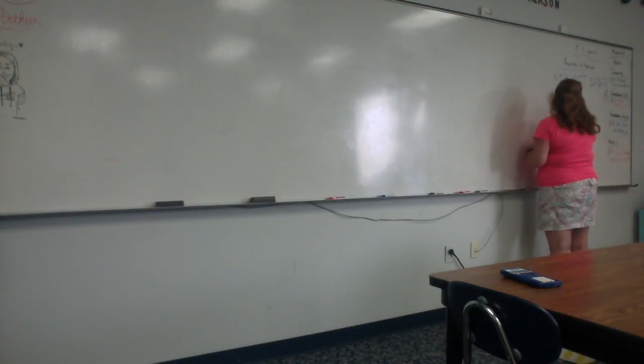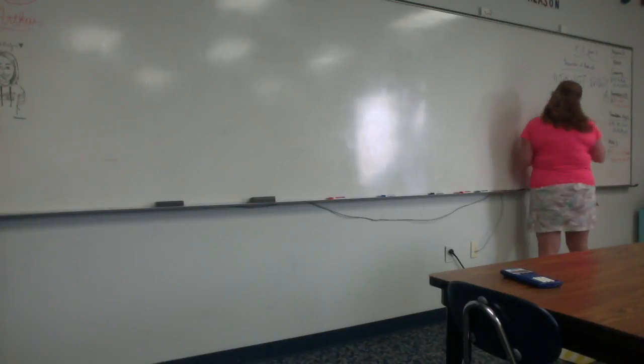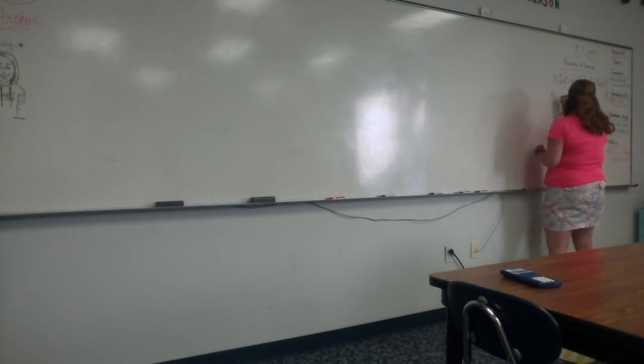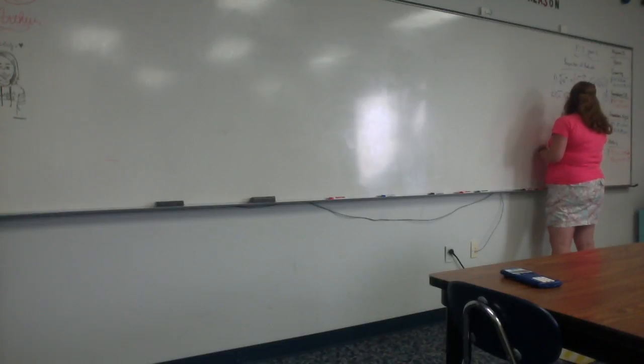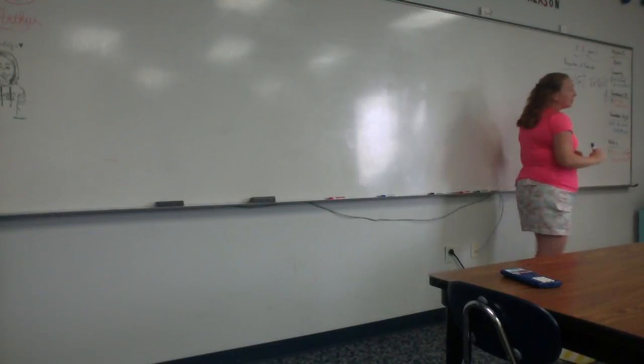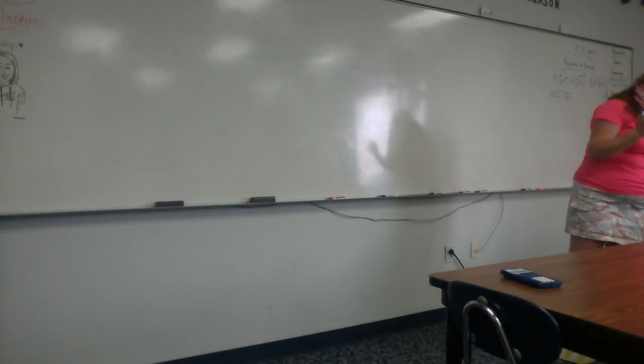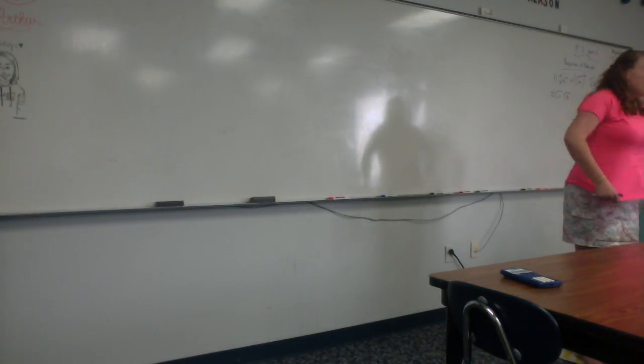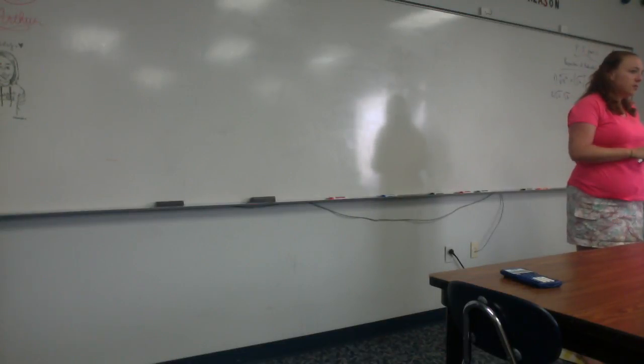That's the first property. The second property says what happens if I'm taking the nth root of a times the nth root of b? What do you think I can do first? How can I rearrange that?